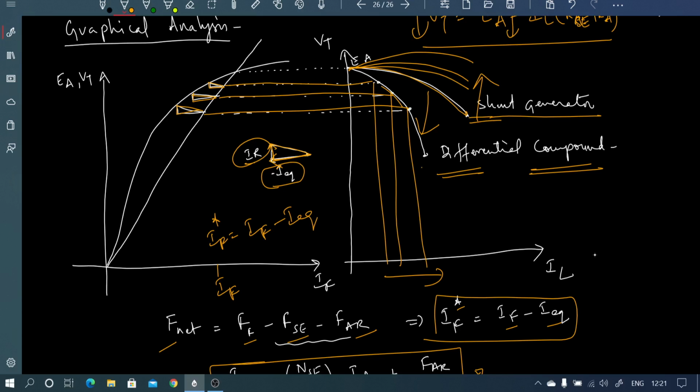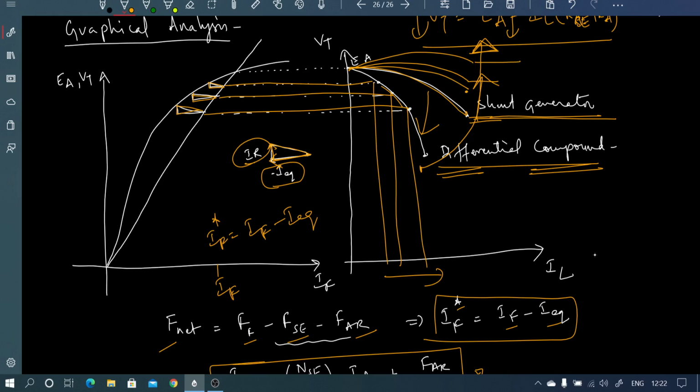So we have a varied set of terminal voltage characteristics we can use. From the lowest is differential compound, then comes the shunt, then comes the under compound, level compound, and over compound cumulative compound DC generator.